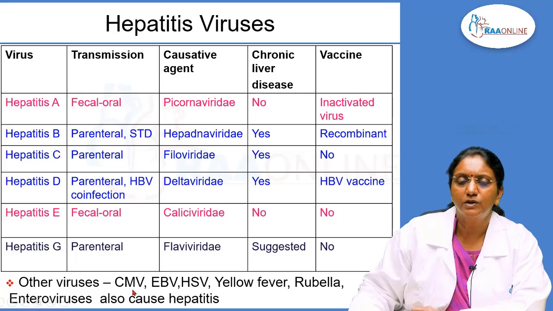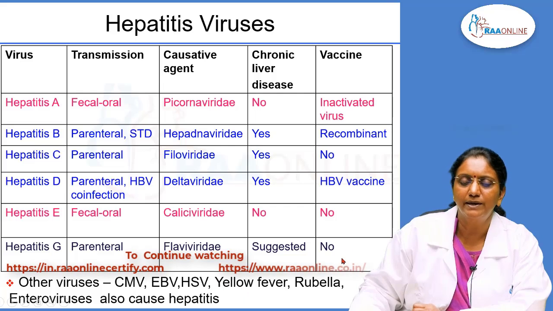Other viruses which also cause hepatitis are cytomegalovirus or CMV, EBV or Epstein-Barr virus, and herpes simplex virus HSV. These three come under the family of herpes viruses. In addition, you also have the rubella virus and the enteroviruses causing hepatitis. So this is quite a useful table. Knowing this, in a short time we can recall the details of the hepatitis viruses.